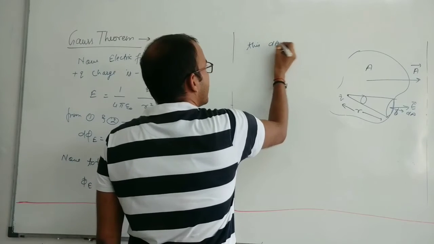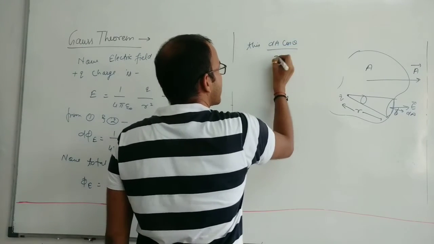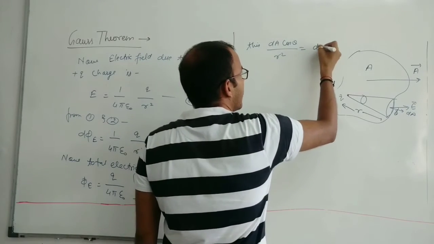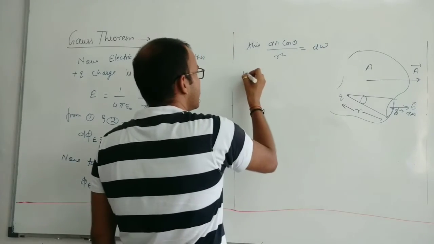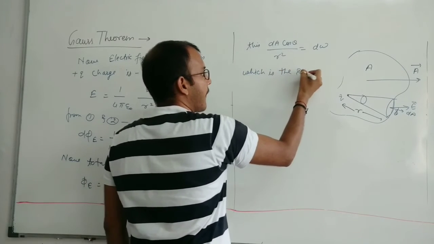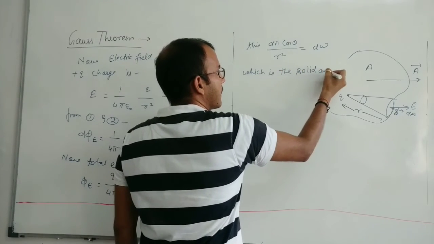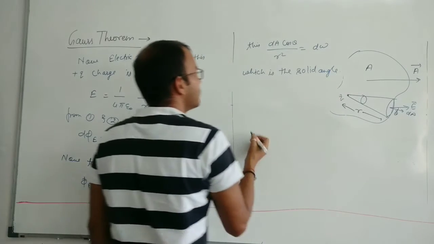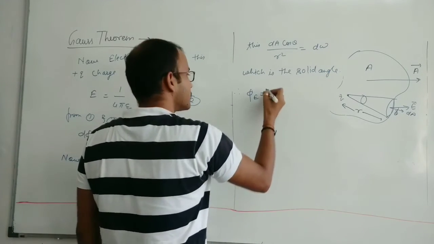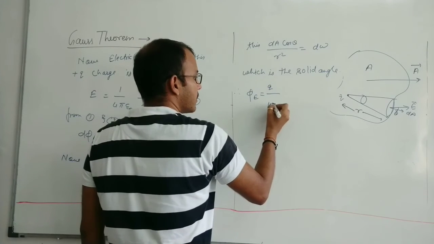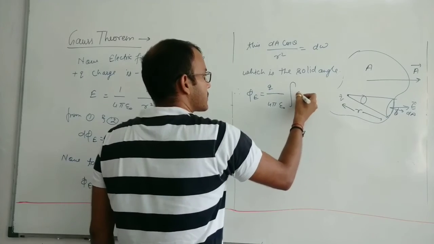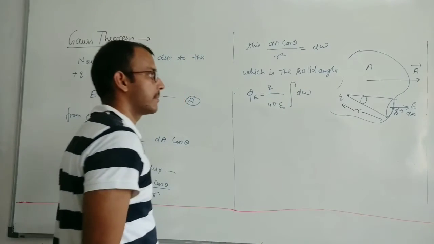This dA cos theta upon R square is equals to d omega, which is the solid angle. So phi E is equals to Q upon 4 pi epsilon naught integration d omega.